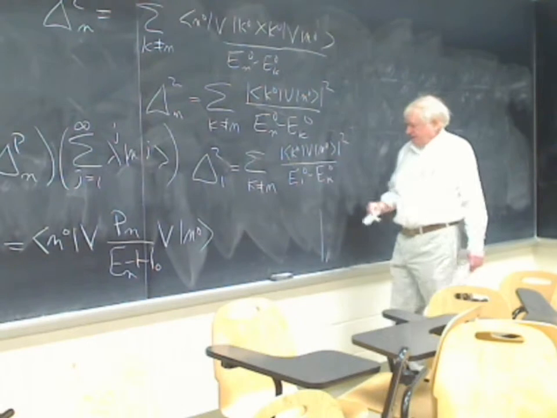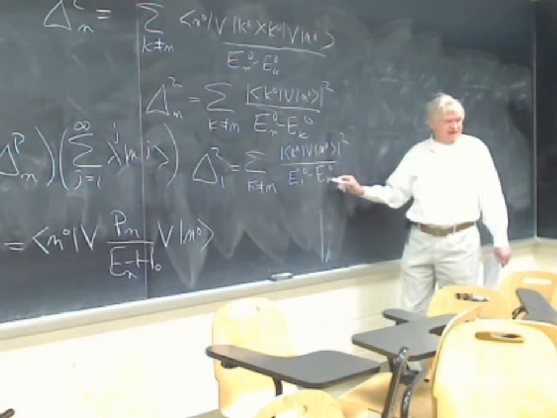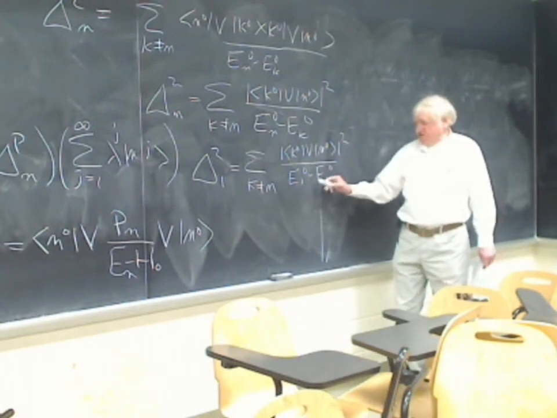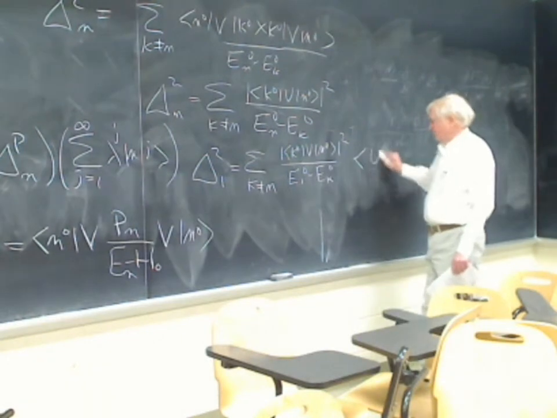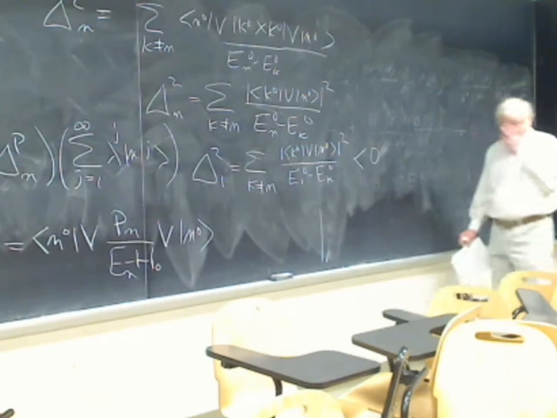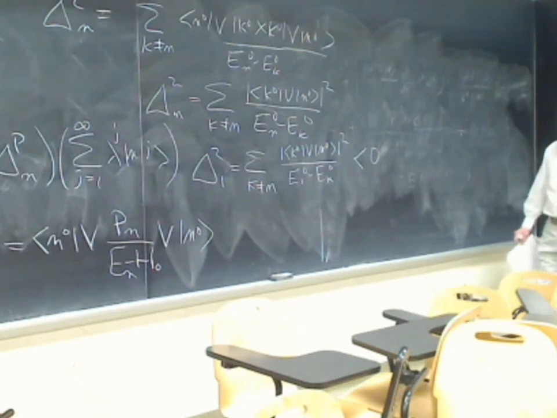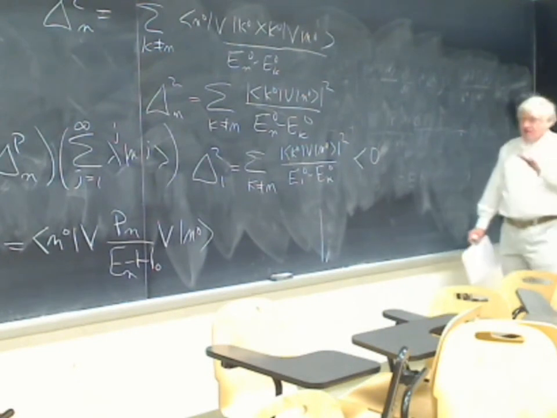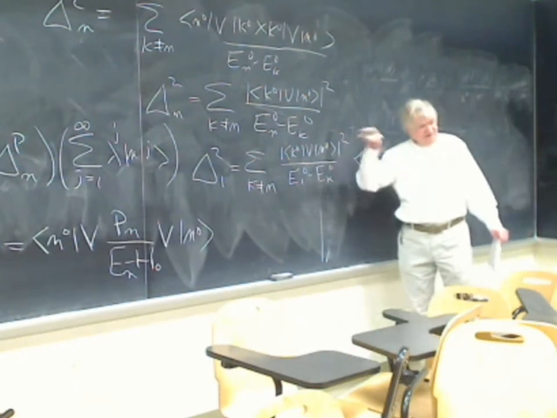Anyway, these are the excited states. This is the ground state, so this is always negative. So this whole thing is less than 0. So the second order correction to the ground state energy, no matter what the potential, is negative.